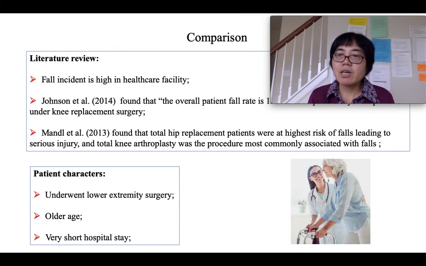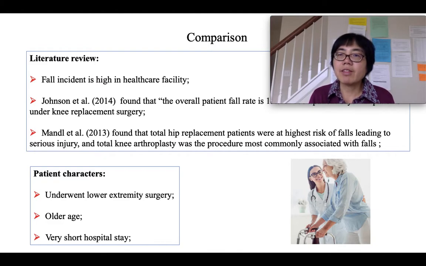The other characteristic of my patients is that they are very old. Most of the joint replacement surgery patients are in their 60s or 70s, some even in their 80s. So they are very old. The other characteristic is the hospital stay is very short because joint replacement surgery is a selective surgery.